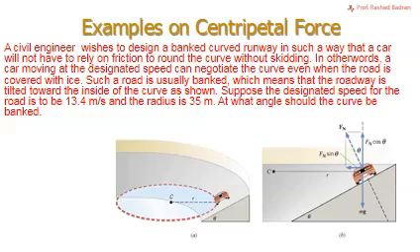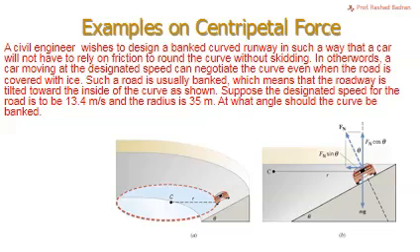This is an example of a banked curve or a banked road to be designed by an engineer in such a way that any car moving on this banked curve will not rely on the friction between the car and the road.